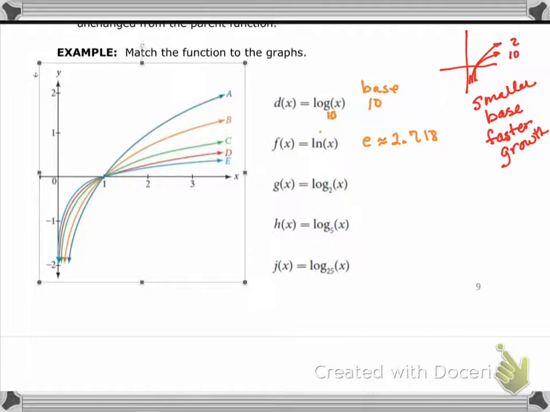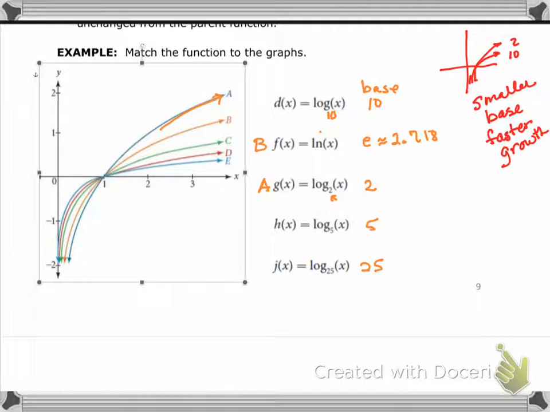This one has a base of 2 right there. This one has a base of 5 and a base of 25. All right, so if a smaller base has faster growth, this is the fastest one, isn't it? A. So let's pick out the smallest base. Well, I think that's G. So that one goes with A. Then B has to be the next smallest, which would be F, because 2.718.